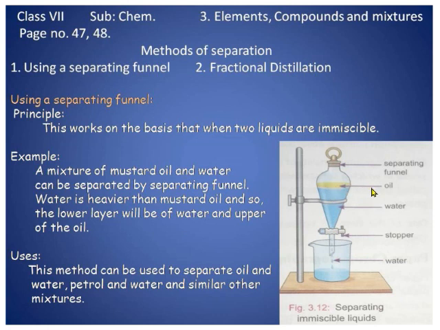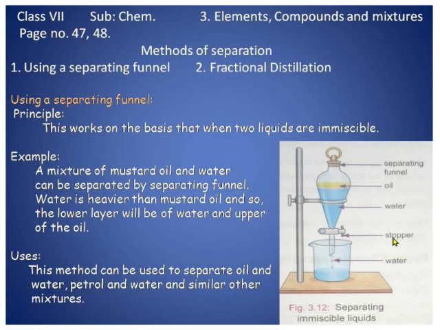So how to use this apparatus? First of all, we will pour the mixture of water and oil in this apparatus. We will put a beaker at the bottom of this apparatus, as you can see in the picture. After that, we will open the stopper.